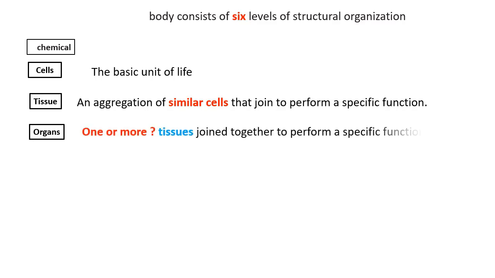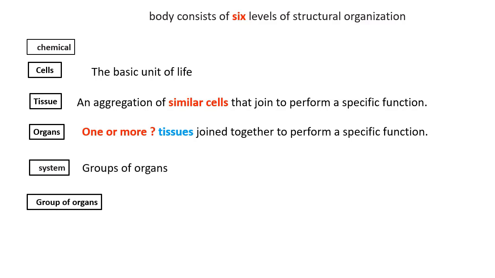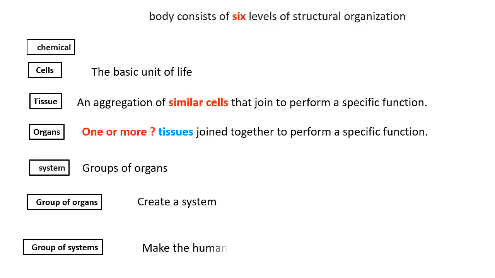Organs are one or more tissues joined together to perform a specific function. A system is groups of organs. The group of organs will create a system, and group of systems will form the human body.